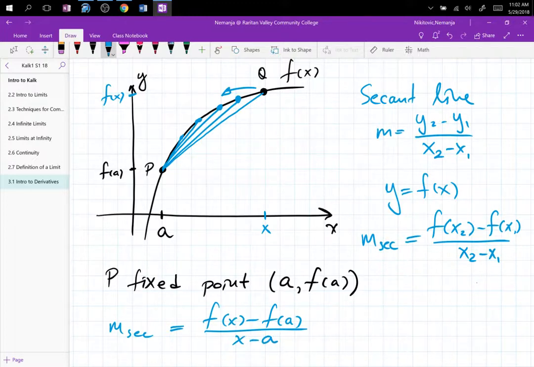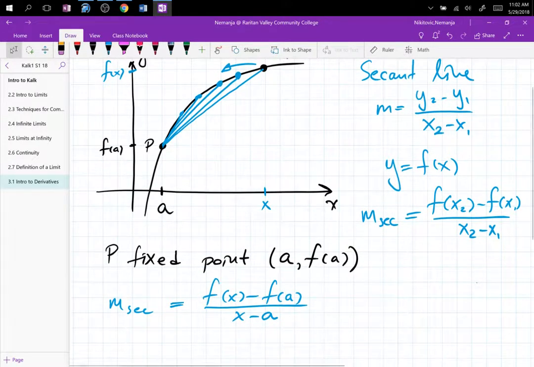I haven't done much again, I'm just renaming things. So we started with y2 minus y1 over x2 minus x1, then we renamed that into f of x minus f of x1, right? And now, instead of using x1 and x2, I'm using a and x, and I'm just renaming it again. So I've renamed stuff twice already.